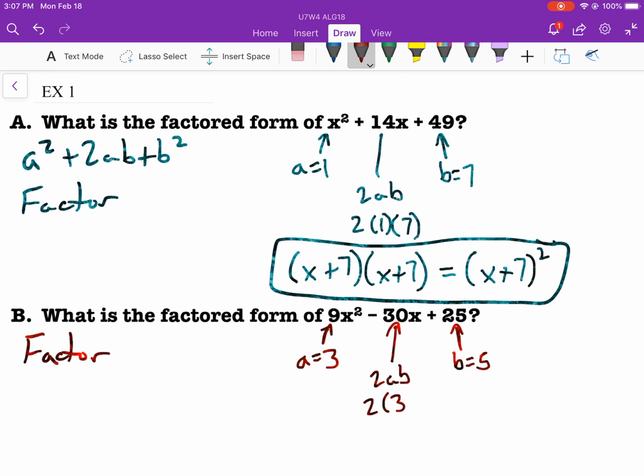So 2 times 3 times 5: 3 times 5 is 15, and 30. So yep, we can say that that is 3x minus 5, 3x minus 5. Noticing that this changes it to a minus because the end result in the middle is a negative.